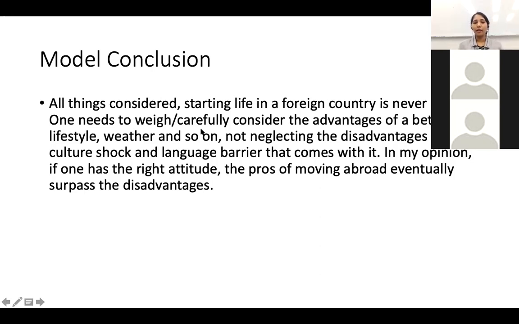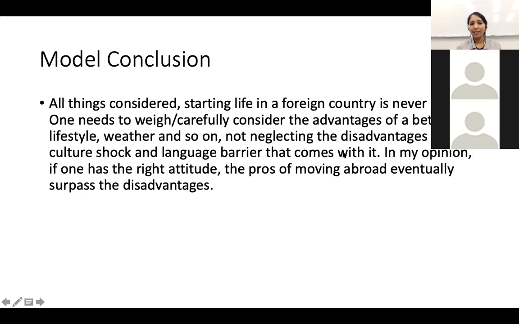So you keep this as a standard go to for all your advantage, disadvantage kind of essay. You can use either weigh, or you could say carefully consider the advantages of this, without neglecting the disadvantages of this that comes with it.